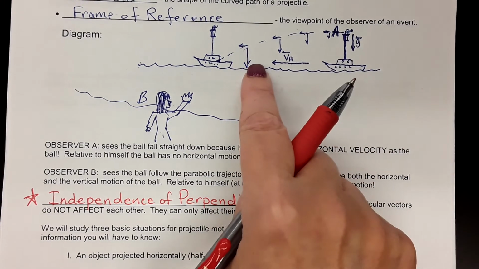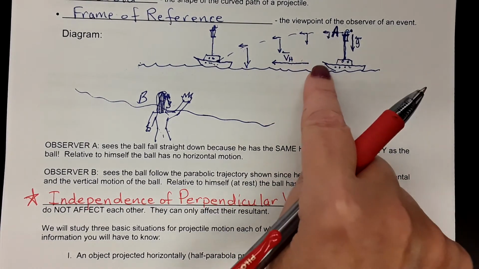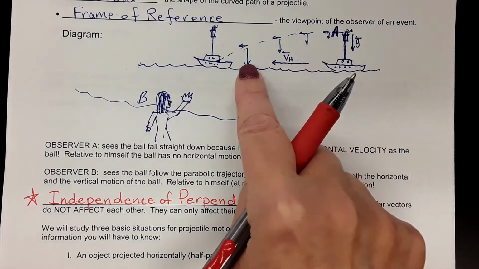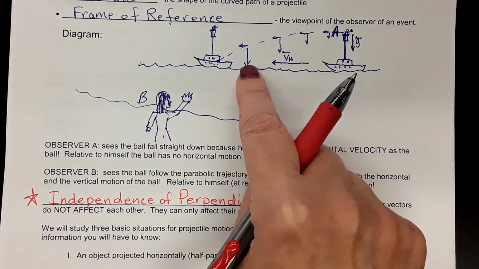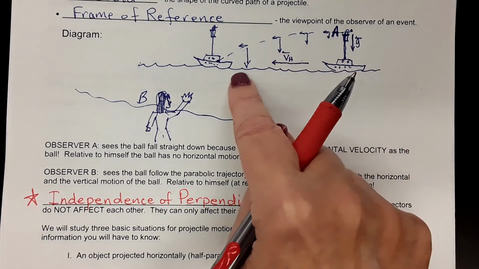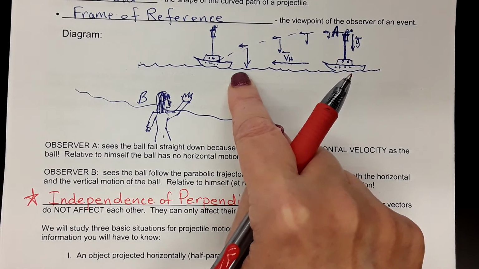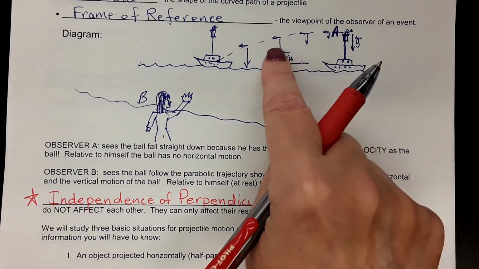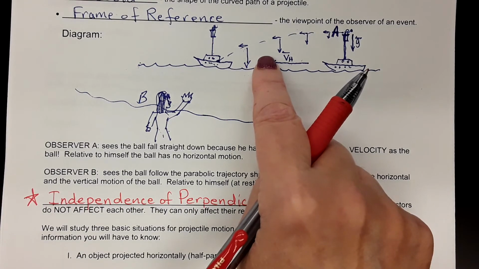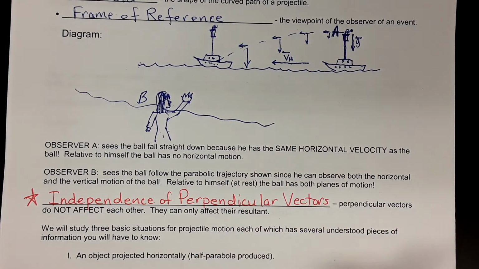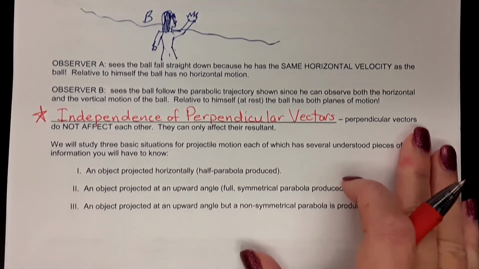So these two vectors are independent of each other at every point. The only thing they can change is the resultant they create when you add them together, which is why when the vertical component changes, the resultant changes. But the two do not affect each other at all.